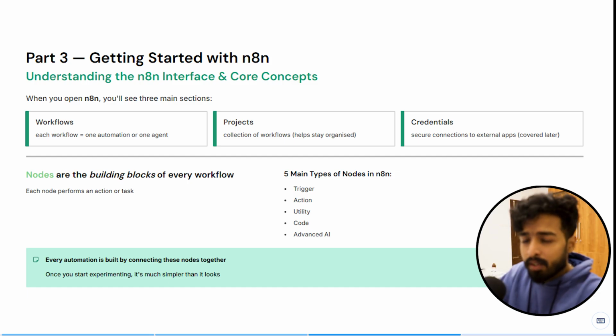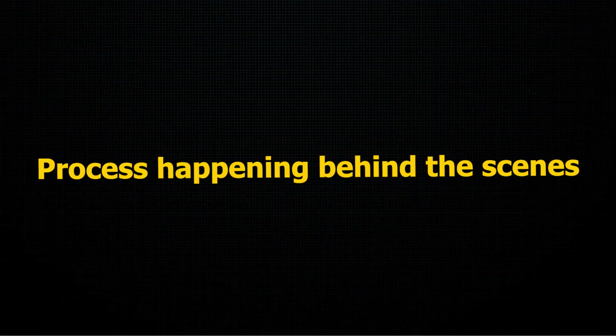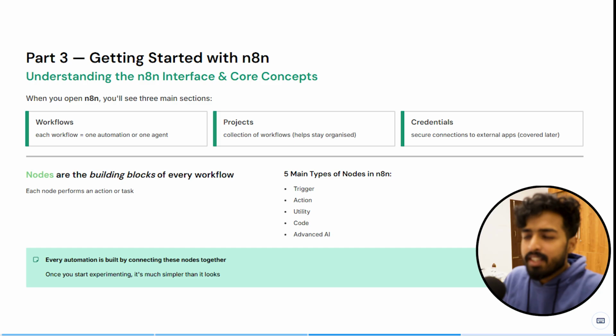But before we start, let me explain something which is very important. I mean, the process that is happening behind the scenes. The reason I'm not skipping any small details in this video is because once you start doing it, there is a lot of chance that you are going to have a lot of doubts, because most of the tutorial videos don't talk about everything. They are moving fast.